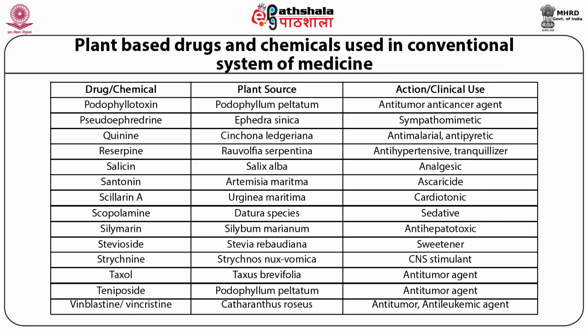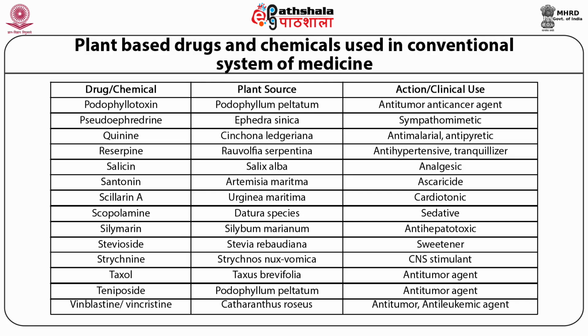This part of the table shows entries which are more anti-cancer, anti-tumor in effect. So this makes it more important. So the first entry, podophyllotoxin, obtained from Podophyllum peltatum, is a very important agent in cancer therapy today.